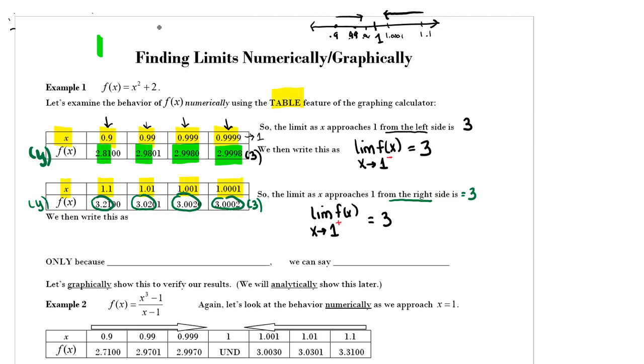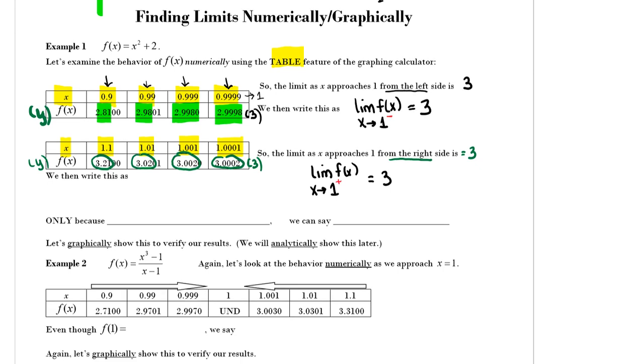So now, because the limit from the left and the limit from the right are the same, we can say that the limit itself as x approaches 1 actually exists.